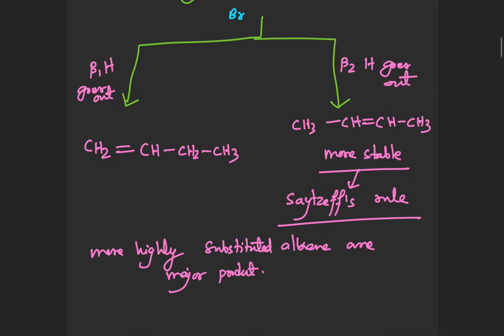Okay. So by more highly substituted alkene, I mean alkene having lesser number of hydrogen atoms on doubly bonded carbon atoms.